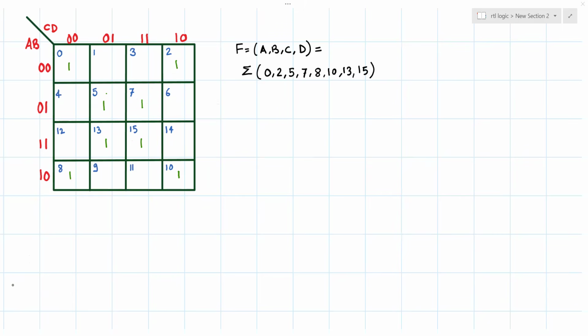So what I'll do here, you see that I will make a grouping here. So this is how the K-map grouping will look. I marked all four ones here. Next, what I see here, there are individual ones at the four corners of this map.